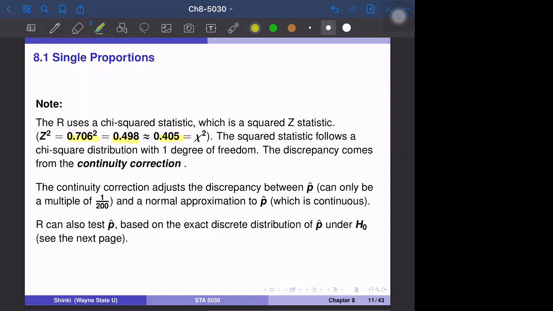We approximate a discrete distribution by the standard normal distribution.